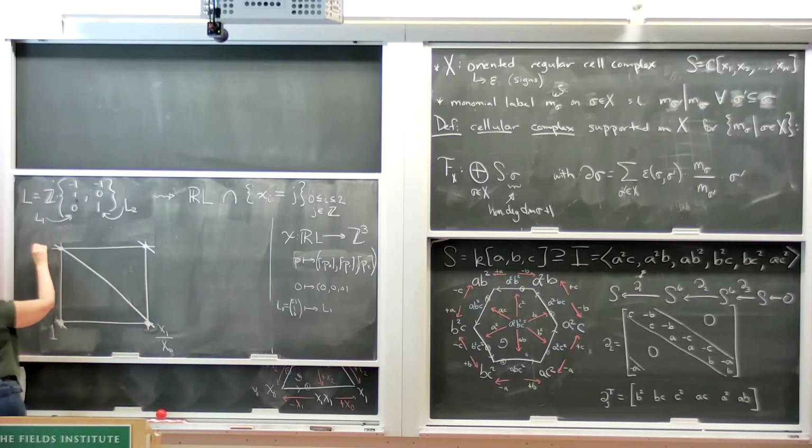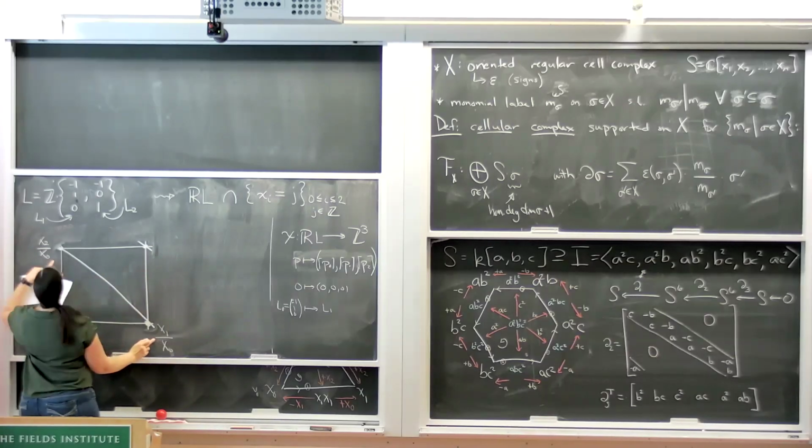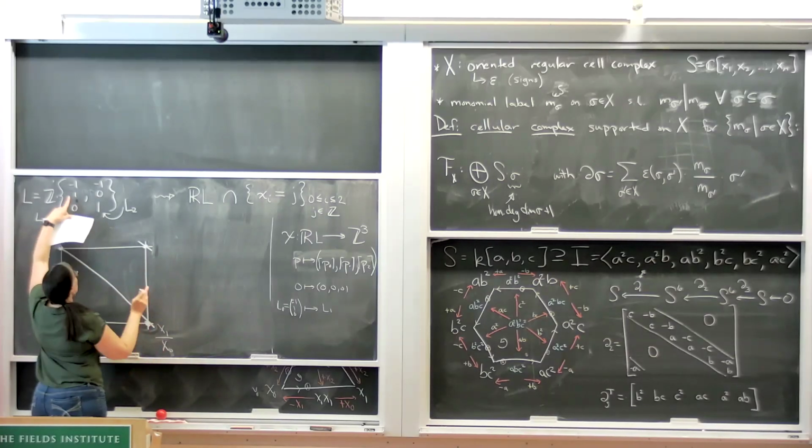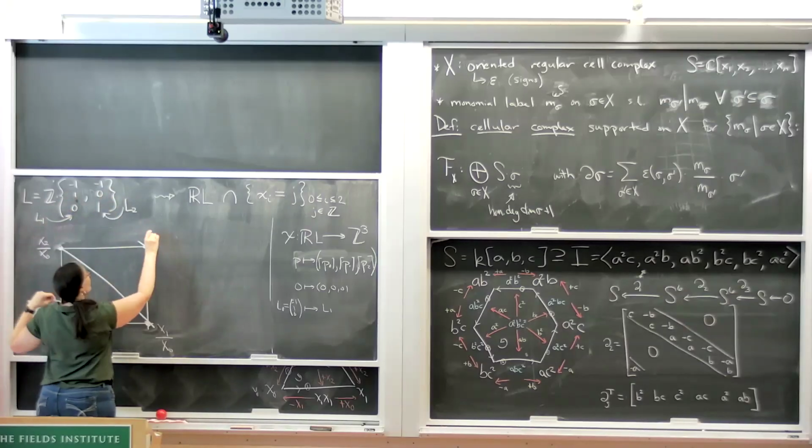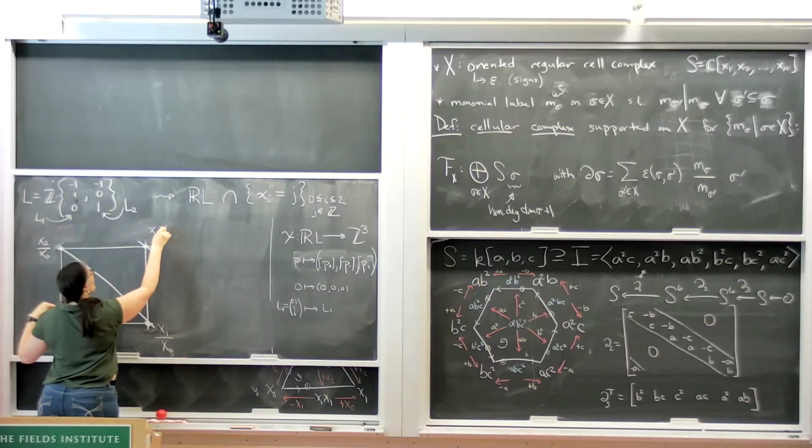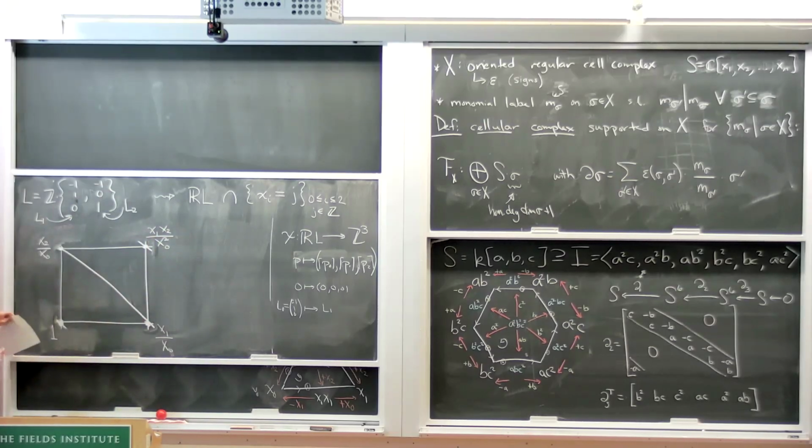And similarly here, x2 over x0. Remember, I'm doing this everywhere on the board. So let's do this one, L1 plus L2. Now I have -2, 1, 1. All right, that takes care of the integer points.